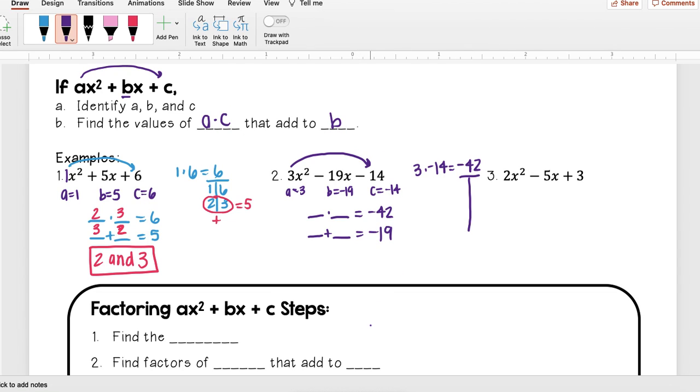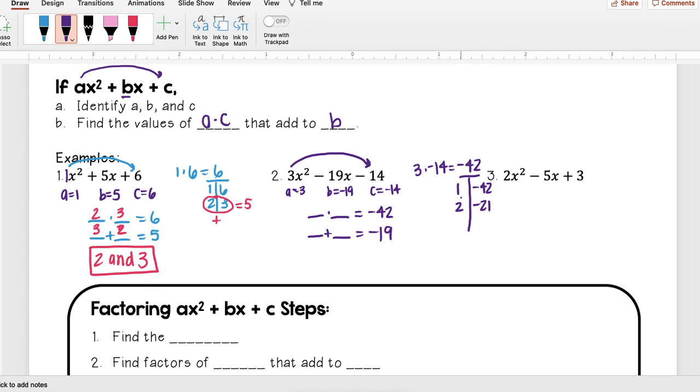So I'm going to list all of my factors of negative 42. So since it's multiplying to negative 42, I know that one factor is positive and the other is negative. But since it adds to a negative 19, I know that my bigger number is going to be negative. So I have 1 and negative 42. If I add those, that doesn't get me to negative 19. 2 and negative 21.